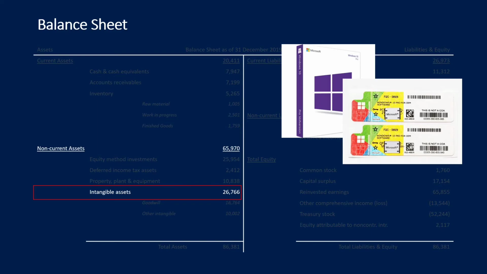And every one of us has some licenses because we have those license stickers on our computers. So we have a license to use Microsoft Windows or Microsoft Office. And since we can't touch Windows and we can't touch Office, this is an intangible asset that we paid some money for.